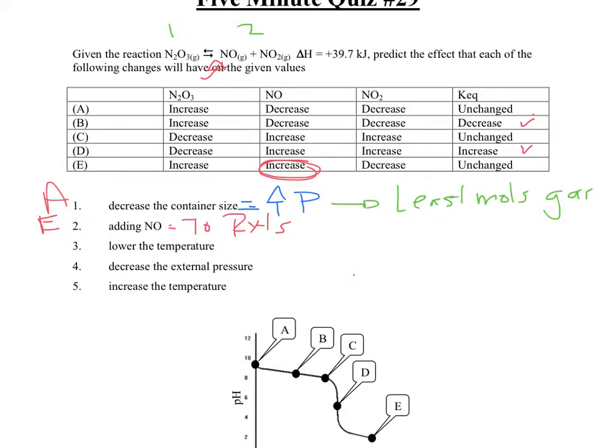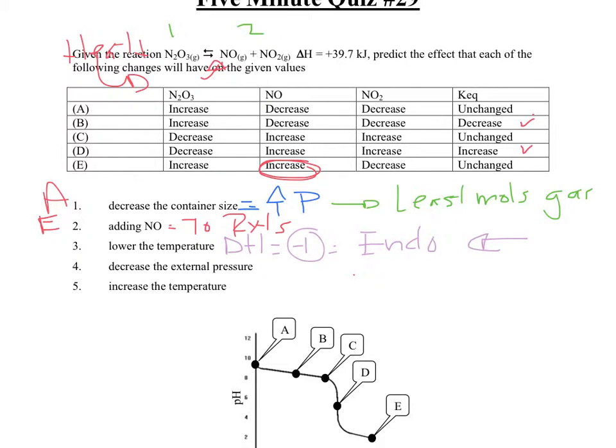Number 3, lower the temperature. Now, what is temperature based upon? It's based on delta H. Now, in this problem, delta H is positive, which means it's endo, which means the heat goes where? The reactant side, so it's plus heat. And we're lowering it. Since we're lowering it, what way do we shift? Towards the reactants.